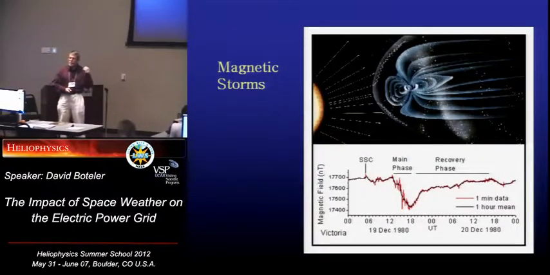So these are all things that you should be familiar with, but I'm going to point out specific features because this is often overlooked. So I just want to run through quickly the typical features, the standard terminology for a magnetic storm. You start off with a storm sudden commencement that can be a very rapid change in the magnetic field.